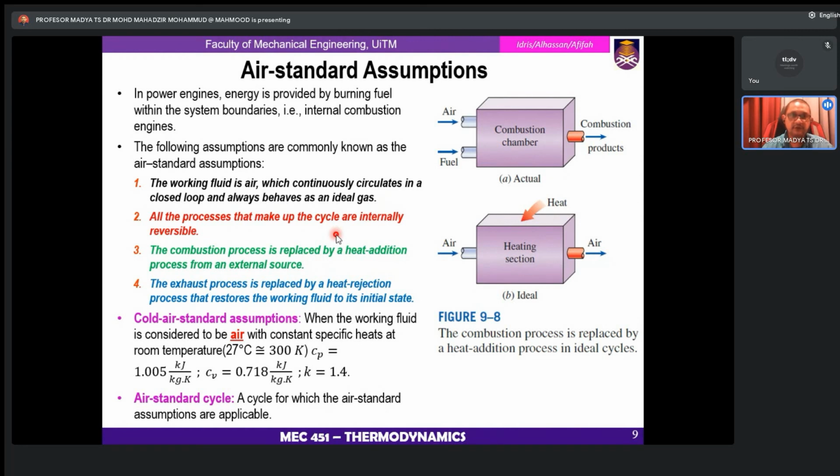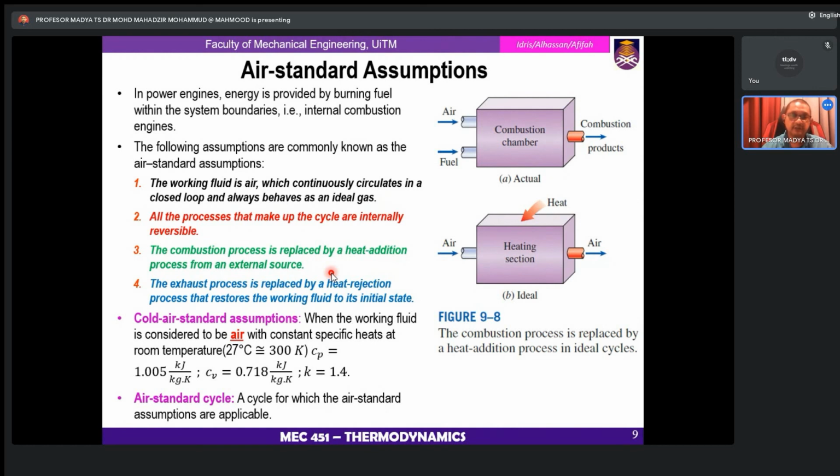Number two, all the processes that make up the cycle are internally reversible. Please remember. Number three, the combustion process is replaced by a heat addition process from an external source.